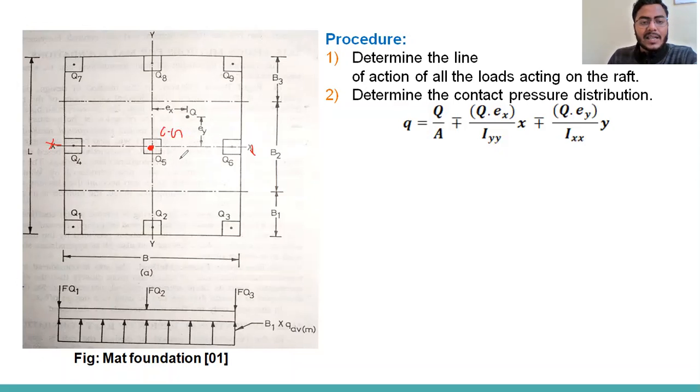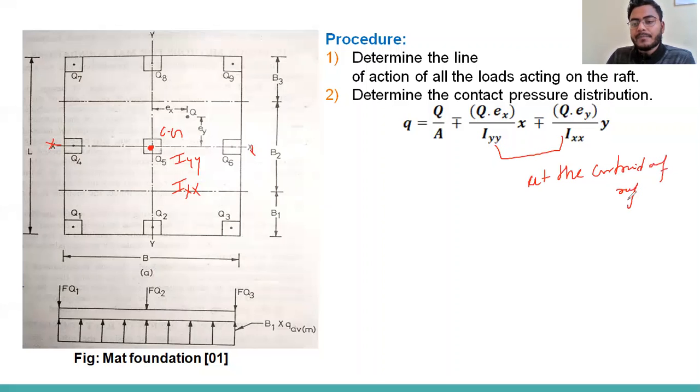So directly we can write Ixx and Iyy. If suppose this origin is somewhere else, we have to calculate the moment of inertia about the centroid of this raft. Both moments of inertia should be at the centroid of the raft.